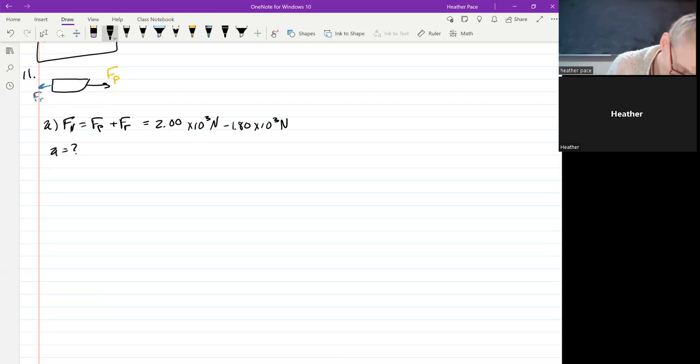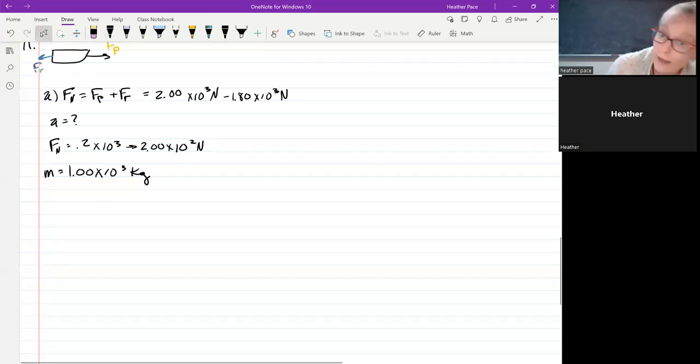We now have force, the net force equals 0.2 times 10 to the third, which we would really say is 2.00 times 10 to the second. And the mass of the boat is given as 1.00 times 10 to the 3 kilograms.